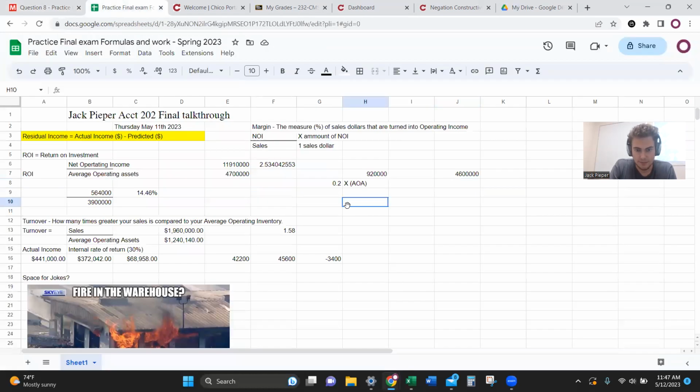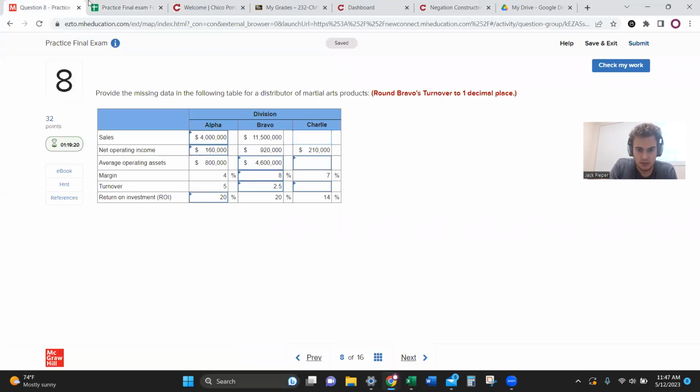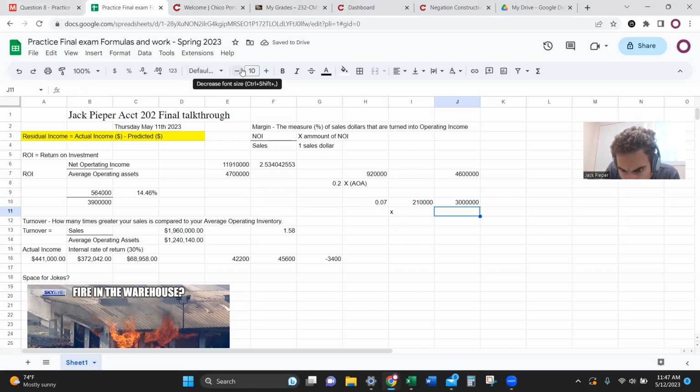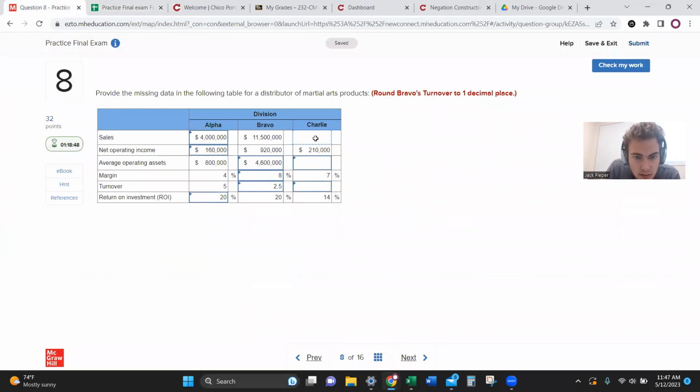We know that 0.07 is equal to 210,000 divided by X. Okay, so we can then divide 210,000 divided by 0.07. We get 3 million for our sales.